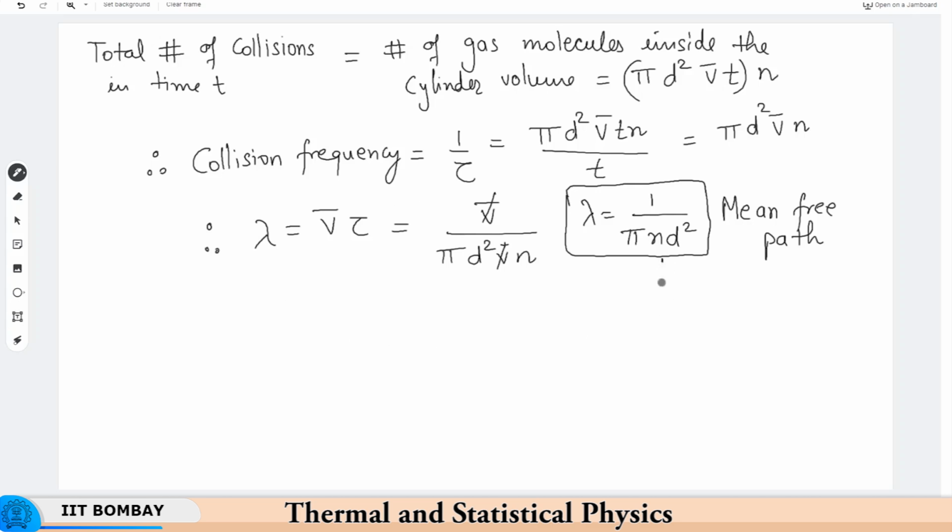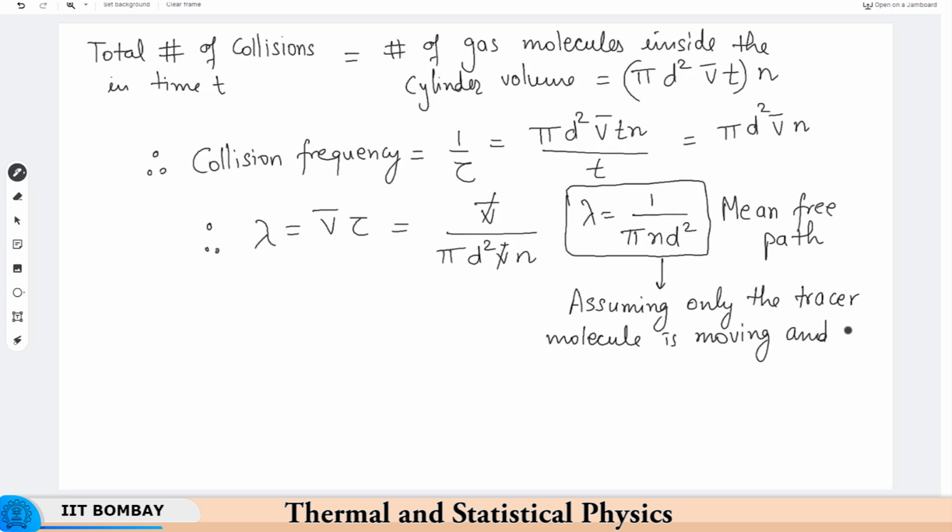So, maybe I can write here. This expression is assuming only the tracer molecule is moving and other molecules are stationary.